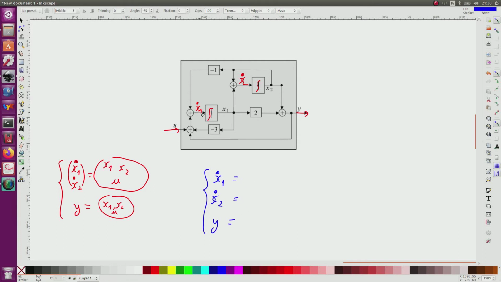So for x dot 1, which is here, it is the sum of several things.